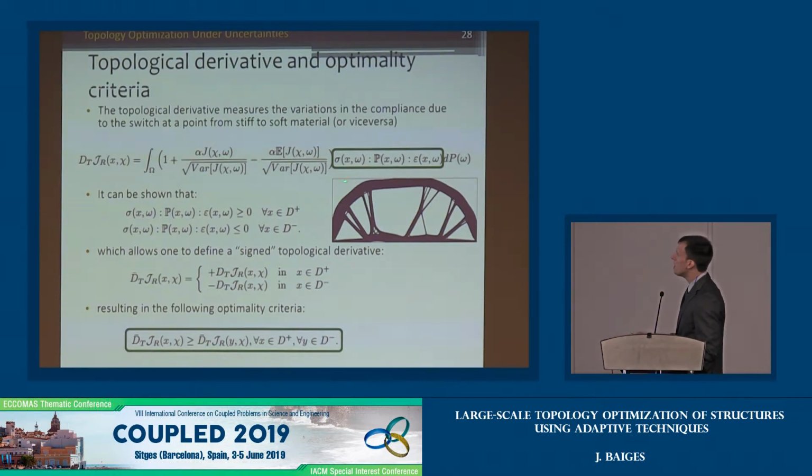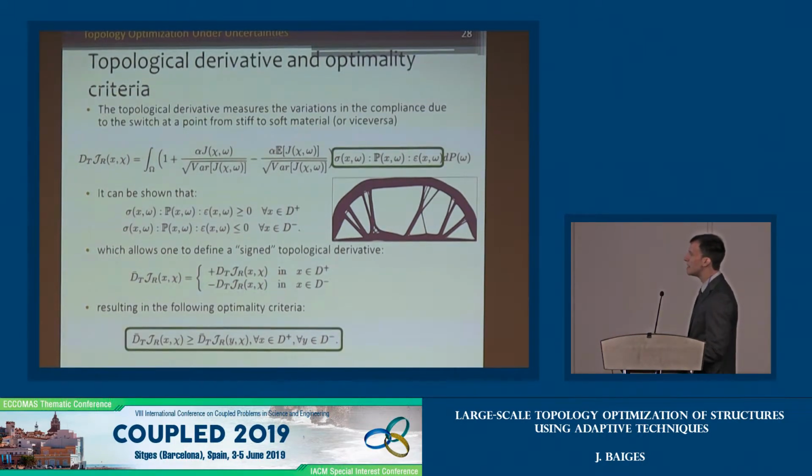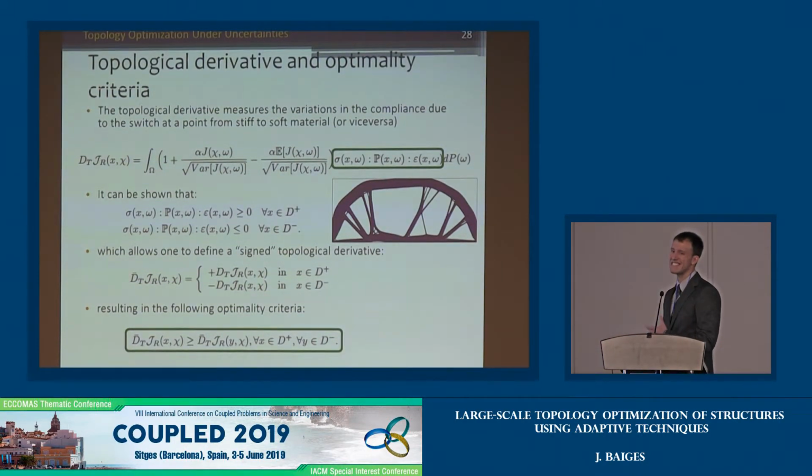Okay? So this topological derivative here has some nice properties. For instance, it can be shown that it is positive at any point which belongs to the stiff domain, and it is negative at any point which belongs to the soft domain. And this property allows us to define a sign topological derivative, which is simply obtained by changing the sign of this topological derivative when we are in the soft domain.